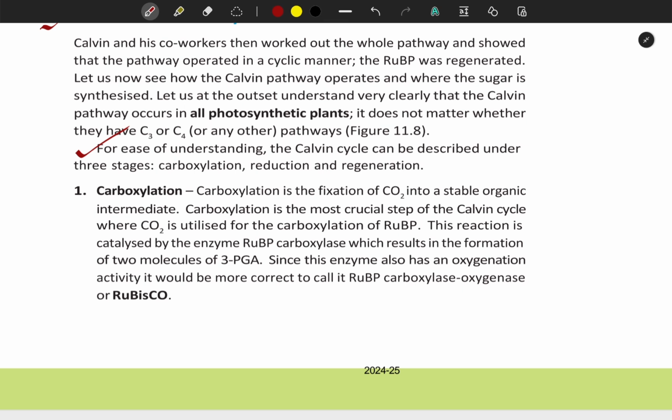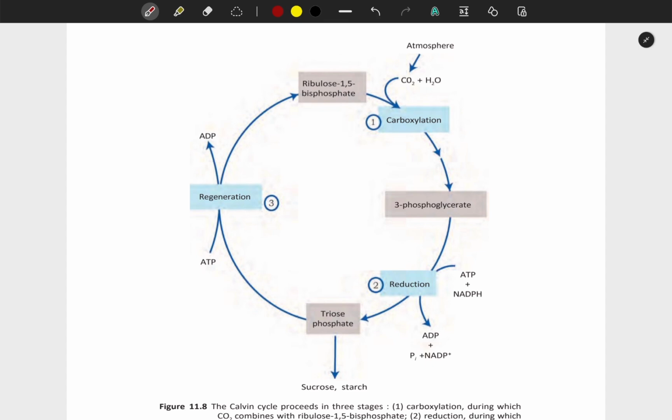This reaction is catalyzed by the enzyme RuBP carboxylase, which results in the formation of 2 molecules of 3-PGA. Since this enzyme also has an oxygenation activity, it would be more correct to call it RuBP carboxylase-oxygenase, or Rubisco. Figure 11.8 represents the Calvin cycle.